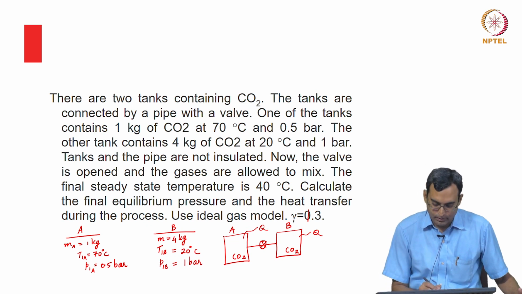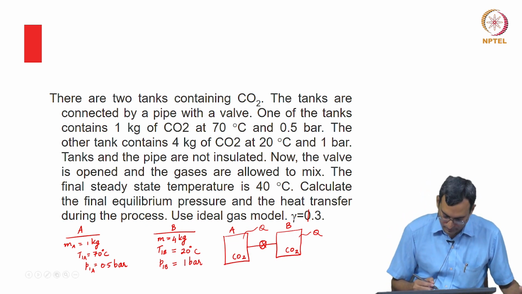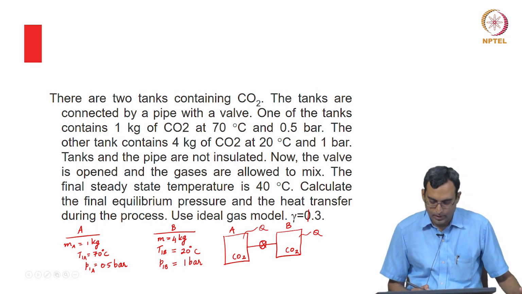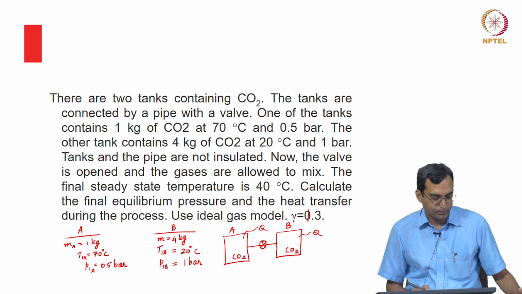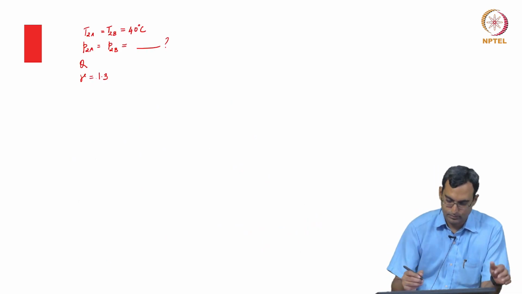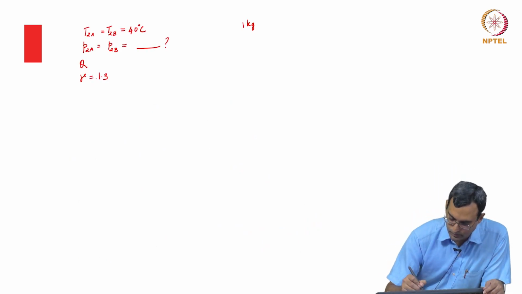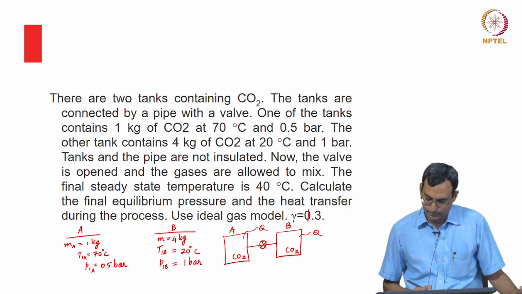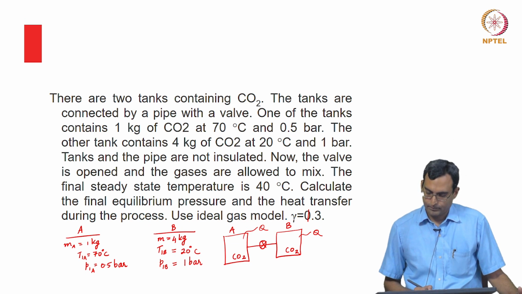Let me just write these things again because I am going to need them. So, I have 1 kg, 70 degrees and 0.5 bar. Then I have 4 kg, 20 degrees centigrade and 1 bar. Let me just confirm that this is correct. Yes.